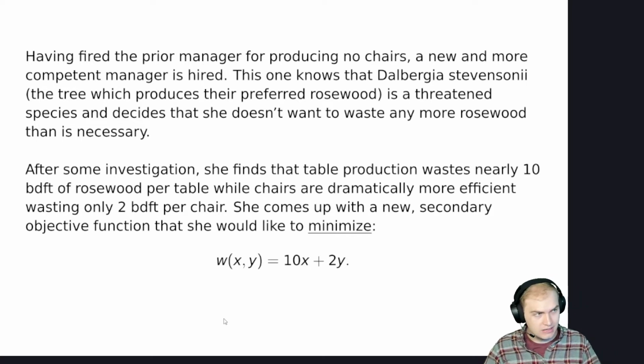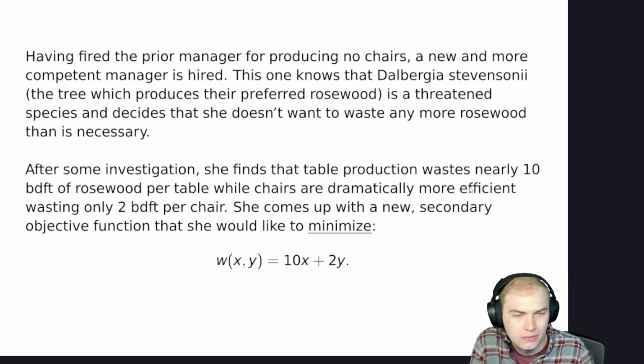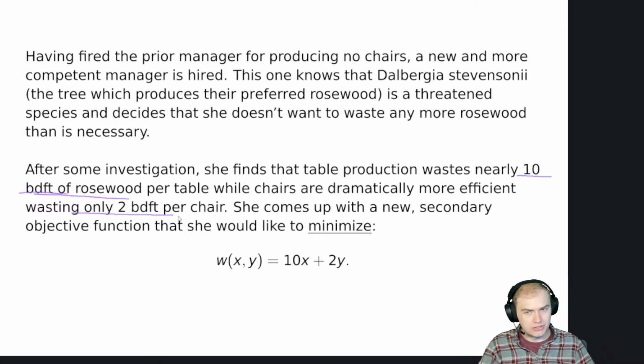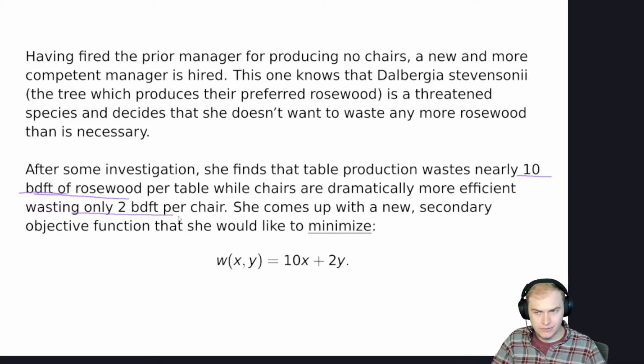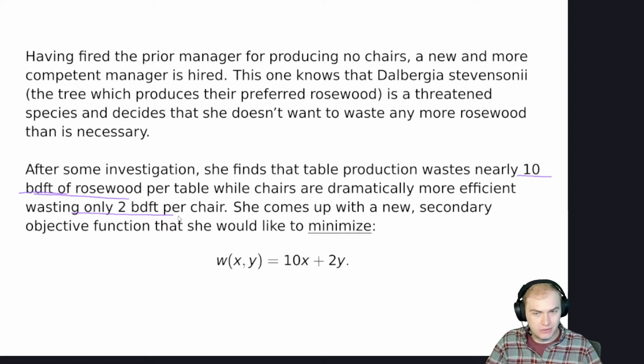So she investigates their manufacturing process and finds that tables waste nearly 10 board feet of rosewood, while chairs waste only 2 board feet per chair. So she comes up with a new objective function that she wants to minimize.